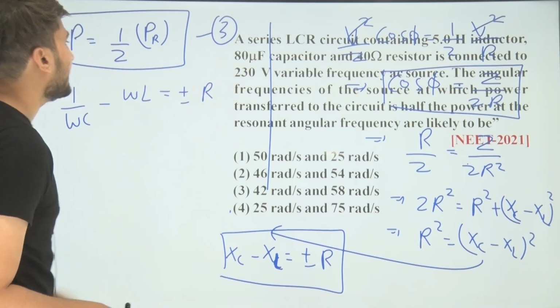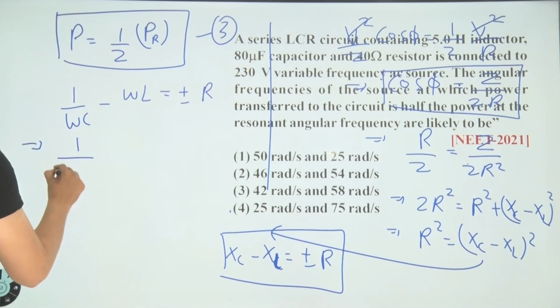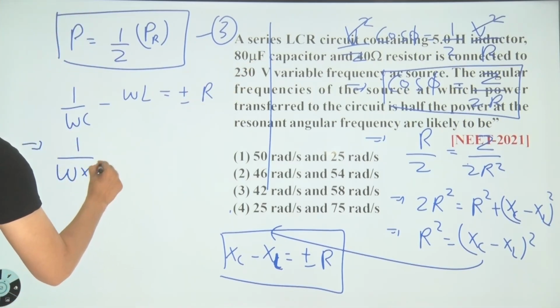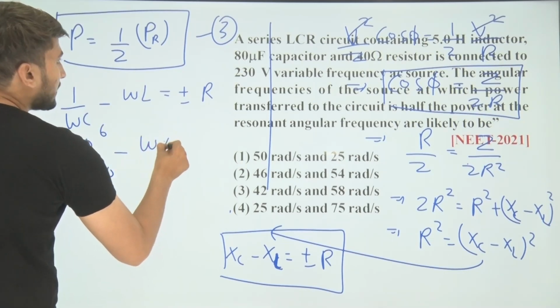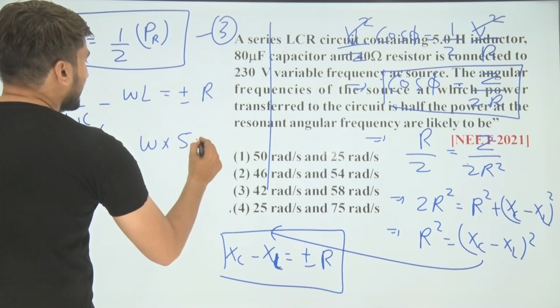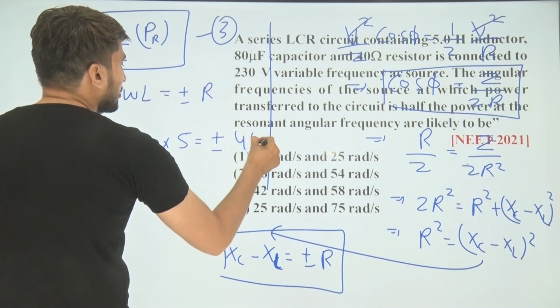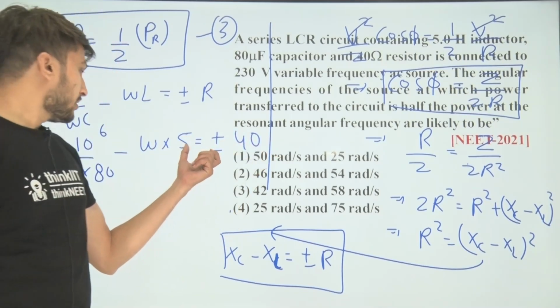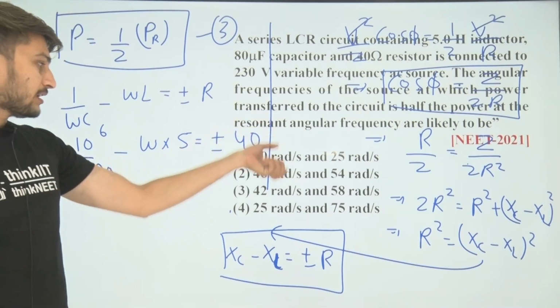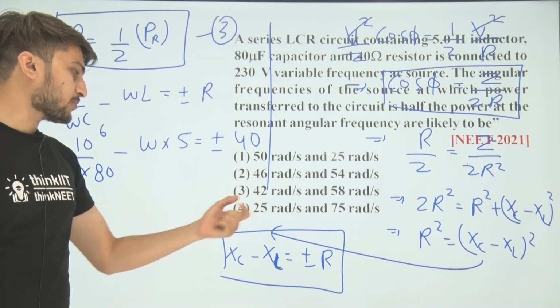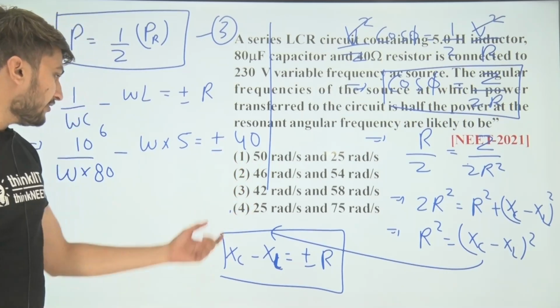Now C is given as 80 microfarad. So this is 1 upon omega multiplied by 80 and micro is 10 to the power minus 6, minus omega multiplied by L, which is given as 5, is plus minus 40. So here students we have two values of omega to find. Now we put all the values from option 1, 2, 3 and 4.